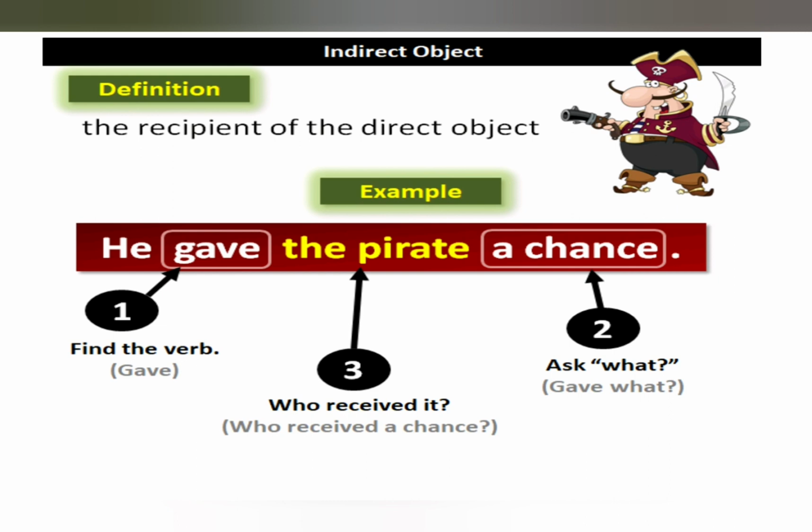Hence, a chance is the direct object of the verb. Who received a chance? Answer, the pirate. Hence, the pirate is the indirect object.